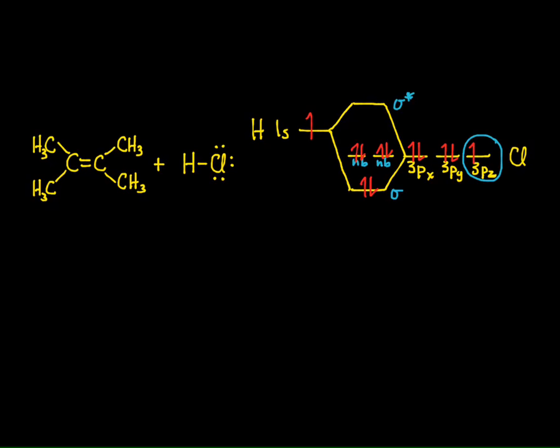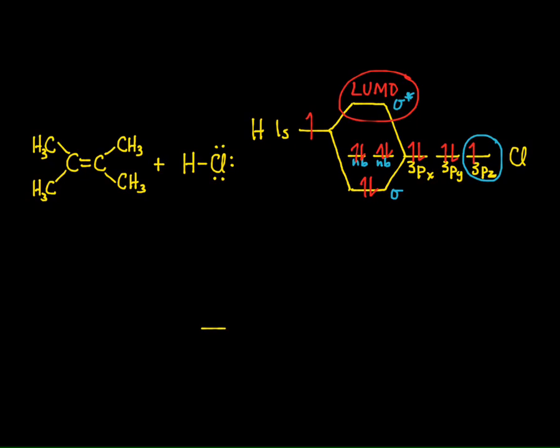Now, I also produce a sigma star bond. When my pi electrons donate to the HCl, they need to donate to an empty orbital. They are going to donate to the lowest unoccupied molecular orbital of HCl, and that happens to be the sigma star orbital of HCl.